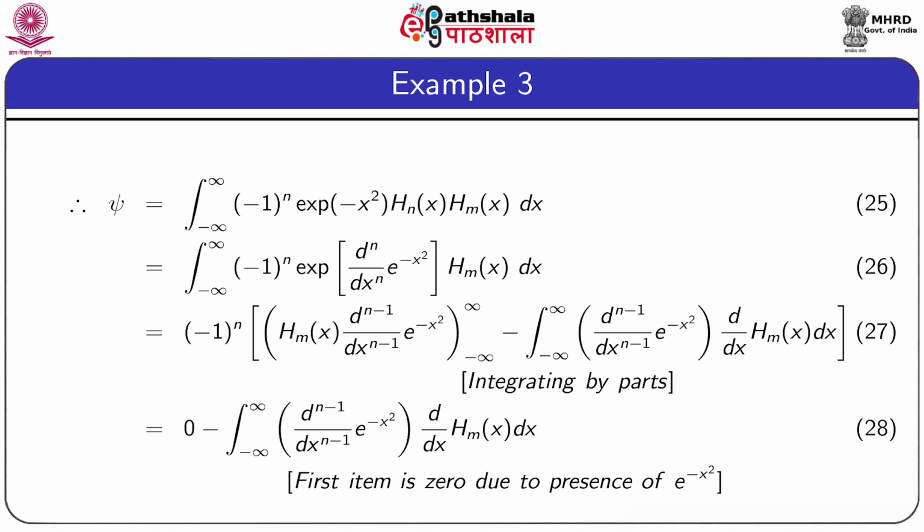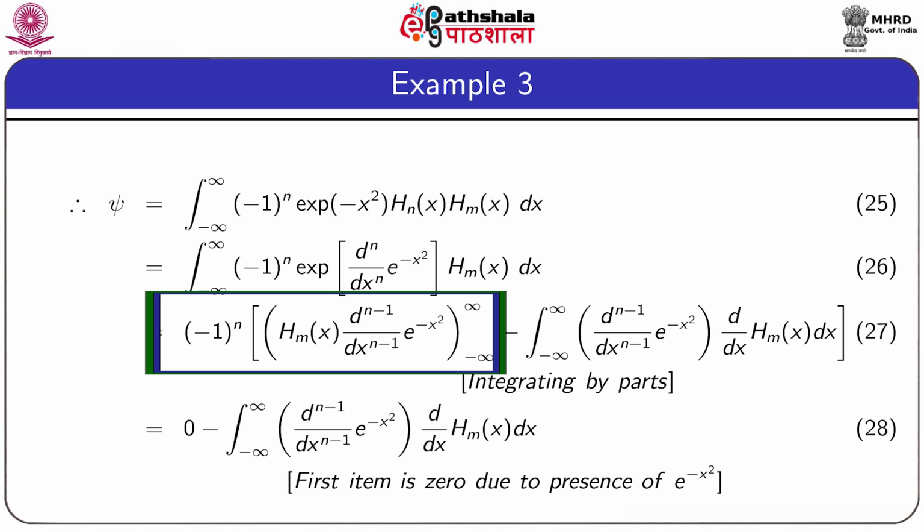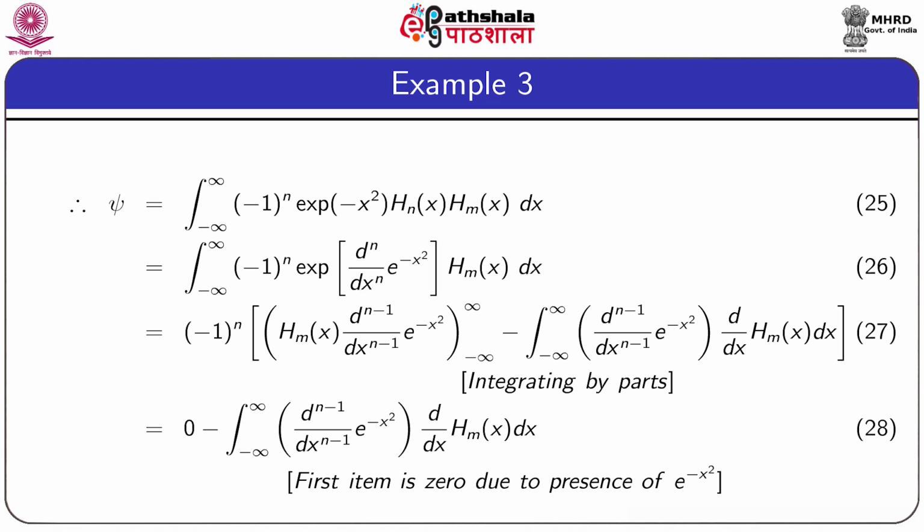Integrating by parts, we will get this is equal to minus 1 whole to the power n multiplied by H_m(x) times the n minus 1th derivative of e to the power minus x square from minus infinity to plus infinity, minus the integral from minus infinity to plus infinity of the n minus 1th derivative of e to the power minus x square times d/dx of H_m(x) dx.